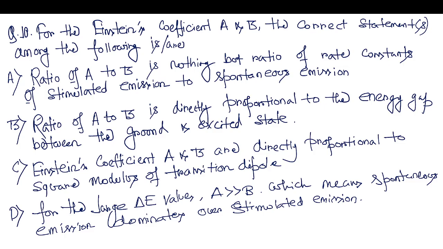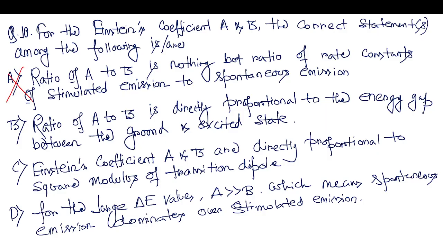So what it says, the ratio of A and B is nothing but the ratio of rate constant of stimulated emission and spontaneous emission. So A is for spontaneous emission and B is for stimulated emission. So the option is wrong.